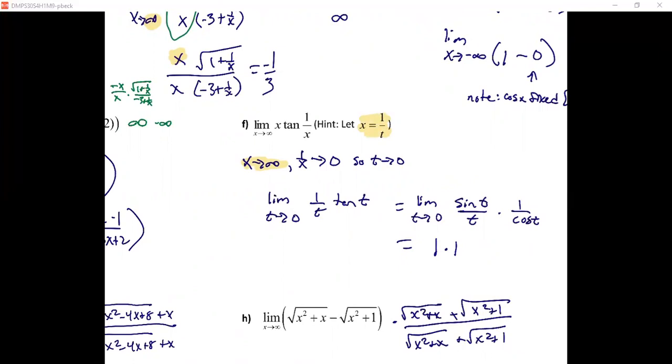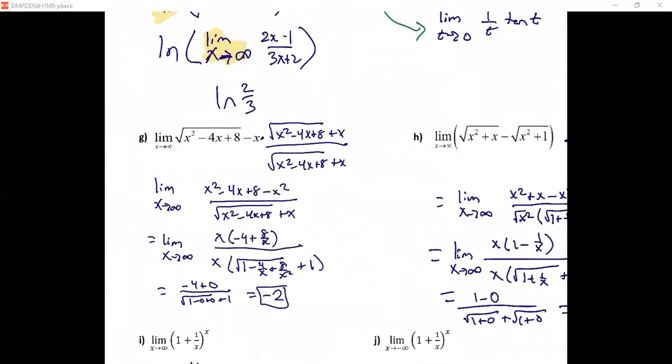So in case you're kind of confused, t is 1 over x. So as x goes to infinity, 1 over x goes to 0, meaning t goes to 0. So I can rewrite the expression with the limit as t approaches 0 of 1 over t times the tangent of t. And then once again, we see the sine of t over t, which is something that we've explored multiple times.